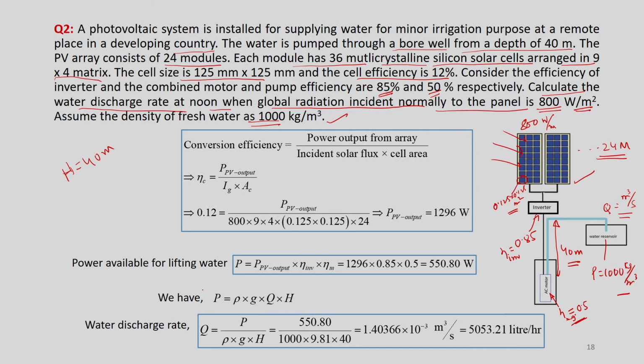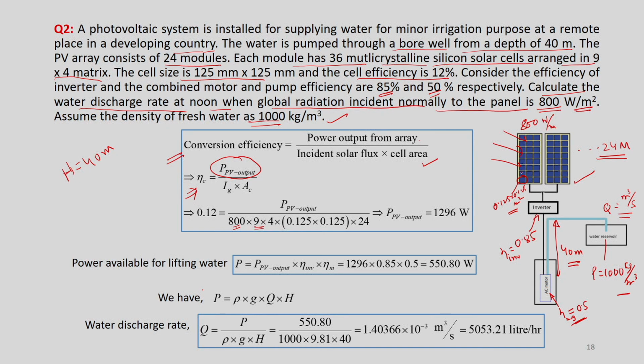Now, as we know, the conversion efficiency is the power output from the array divided by the incident solar flux multiplied by the cell area. So, this is known to us, and we will calculate the PV output. The efficiency of conversion is 0.12, and Ig, as I already said, is 800 watt per meter square.